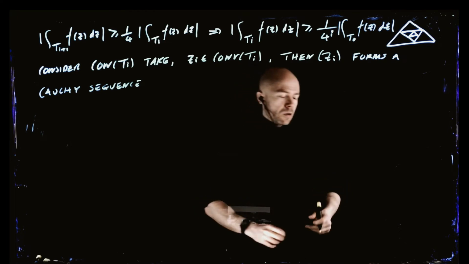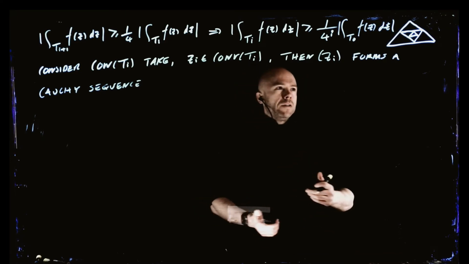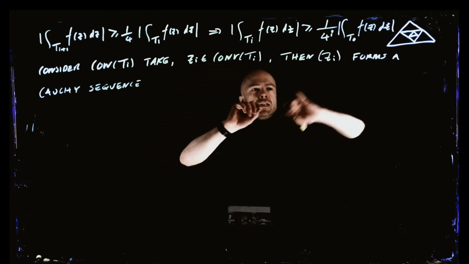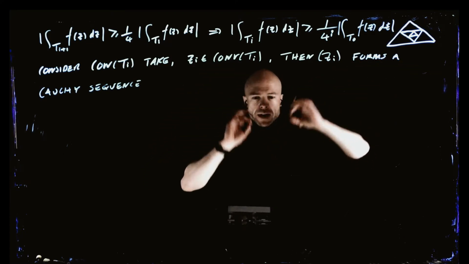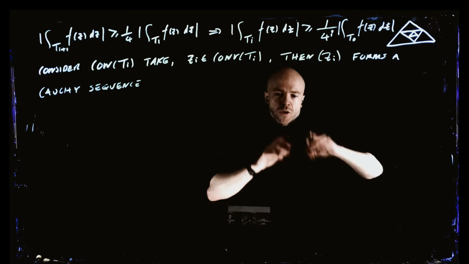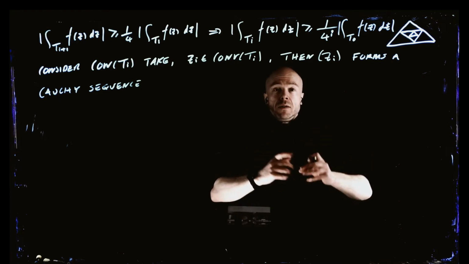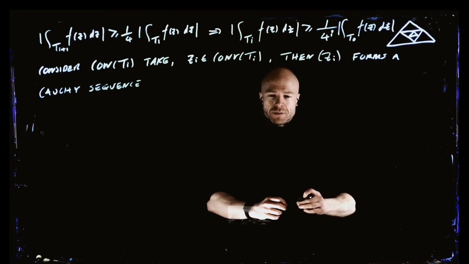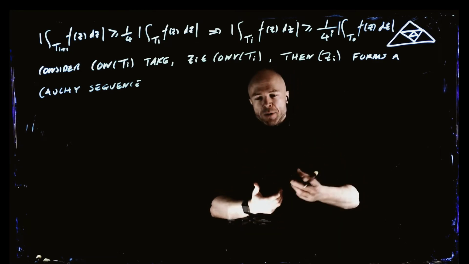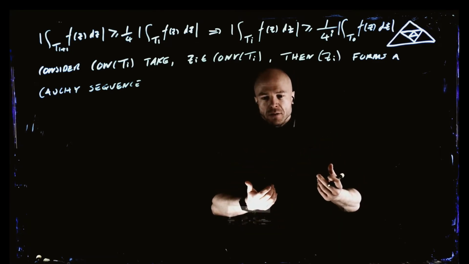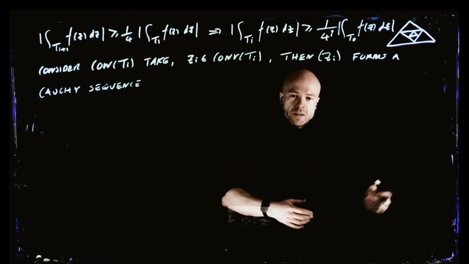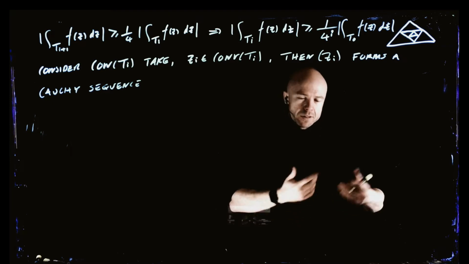That's kind of awkwardly expressed. I don't want to write too much stuff though. So if n is less than m, then both Zm and Zn are inside triangle Tn. And the diameter of Tn is going down to 0, so we can guarantee that Zn minus Zm is as small as we like, so long as n is big enough, which is exactly a Cauchy sequence.